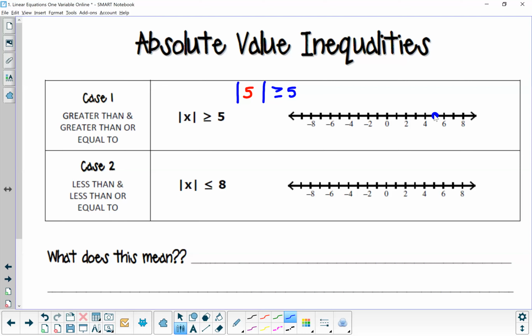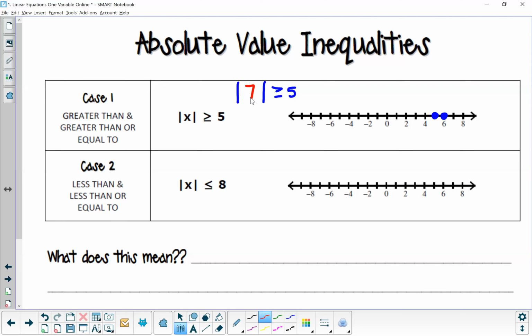Okay. How about 6? Is 6 greater than or equal to 5? It is. So I know 6 is going to be in our final solution. How about 7?